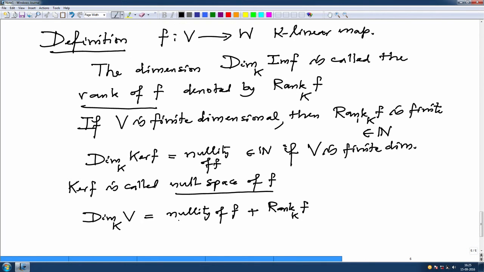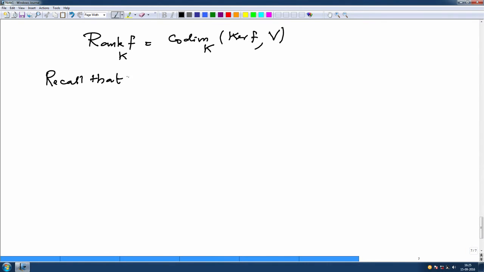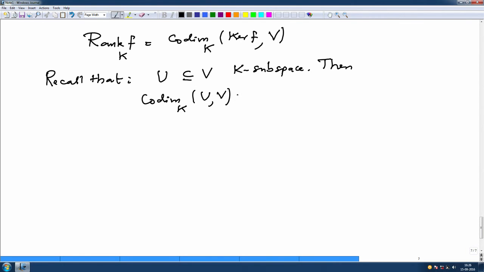Okay, fine. So, in other words, the same statement one can also write as: rank F is also the codimension of the null space in V. Remember, if U is a K-subspace of V, then the codimension of U in V is by definition dimension V minus dimension U. Definitely this is bigger or equal to 0 because U is a subspace.